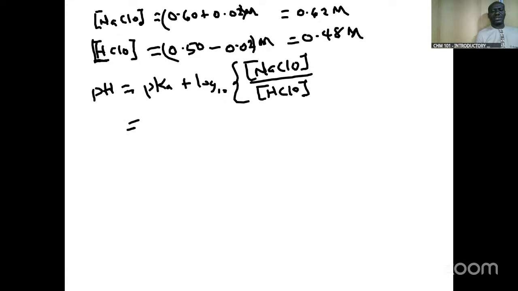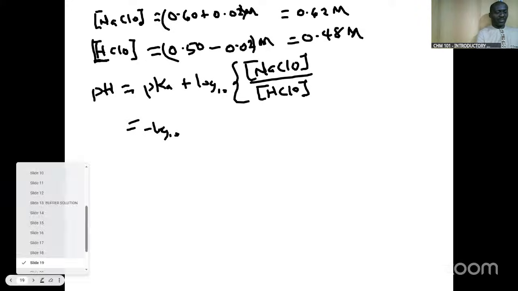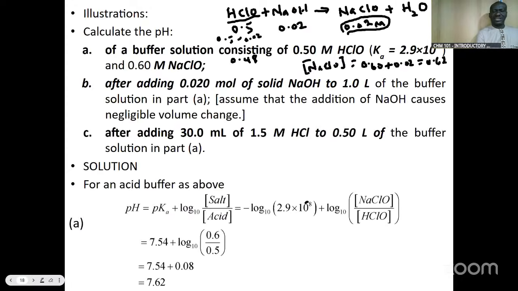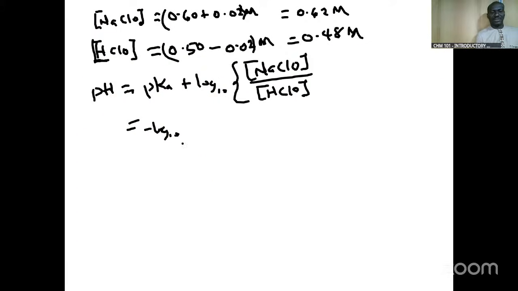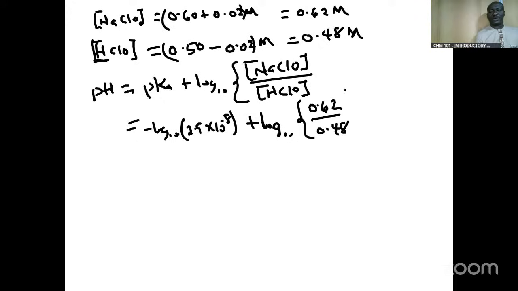And that becomes the pKa, that's minus log to base 10 of the Ka, which is 2.9 to the power of minus 8, plus log to base 10 of 0.62 over 0.48. And let's see what value we obtain from that.